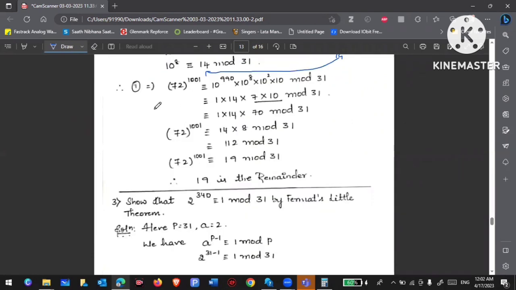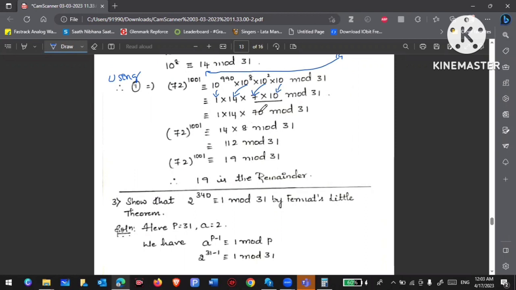So finally, using 1, we can write 72^1001 as 10^990 into 10^8 into 10 square into 10 mod 31. This value is 1, this value we have got as 14, this value we have got as 7, and this value as it is, mod 31.